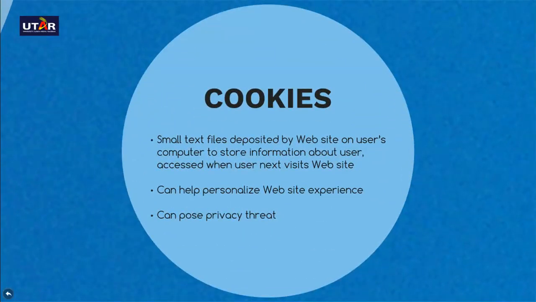So it's about cookies. A cookie is a small file deposited by the website on the user's computer to store information about the user, accessed when the user next visits the website. It can help personalize a website and the user's preference experience, but it can also expose privacy issues through unauthorized software, for example spyware.